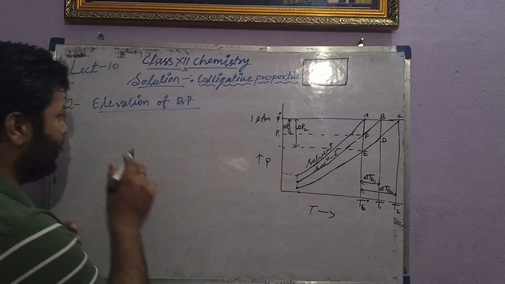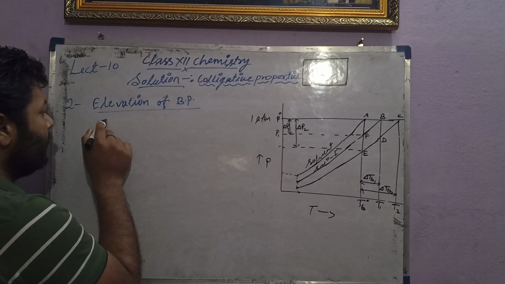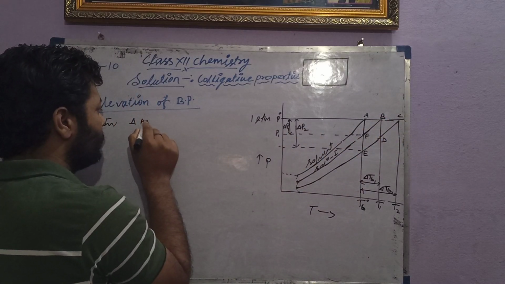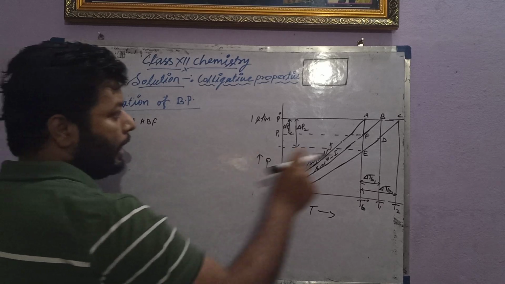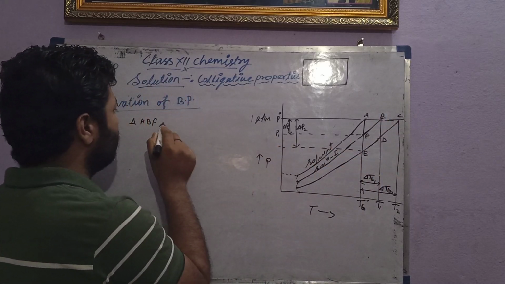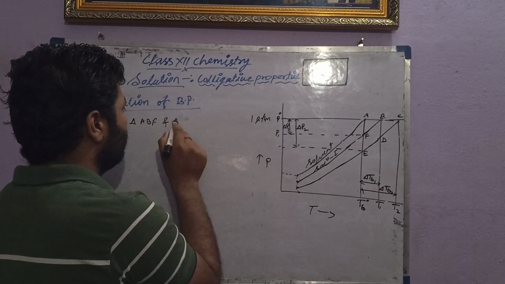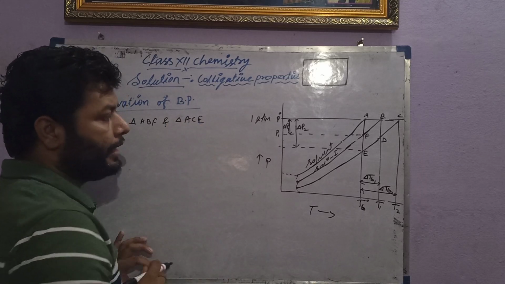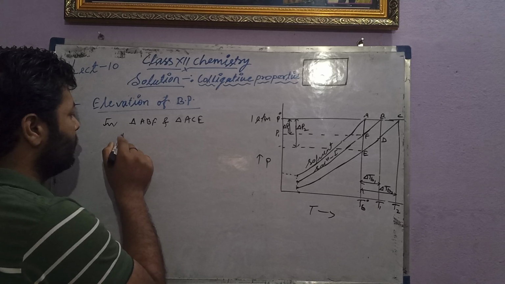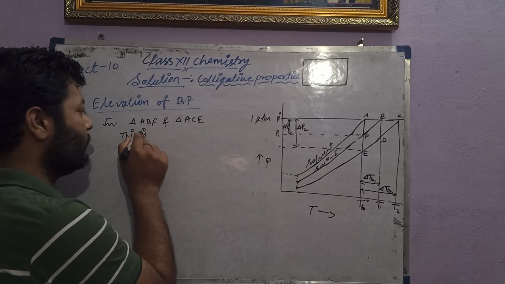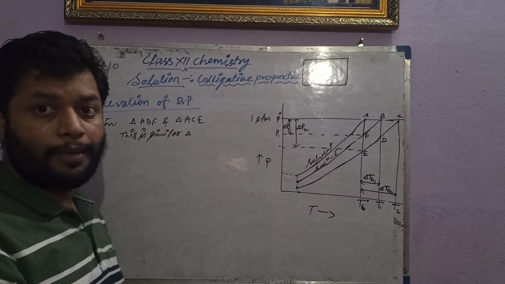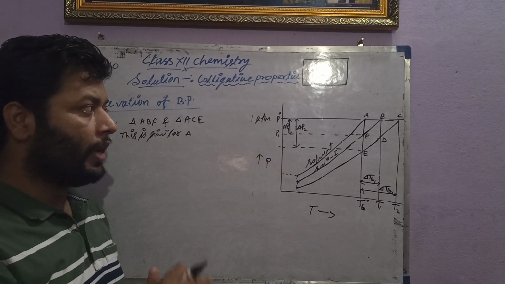If this curve is straight, then the triangles ABF and ACE are similar triangles. There are similarities between the triangle ABF and ACE.